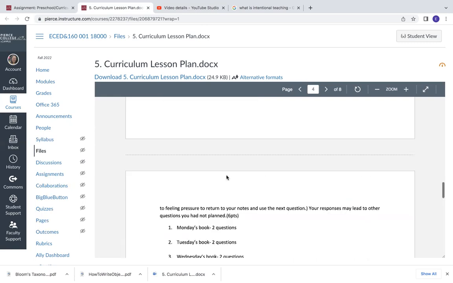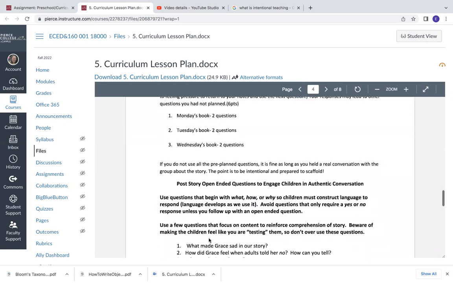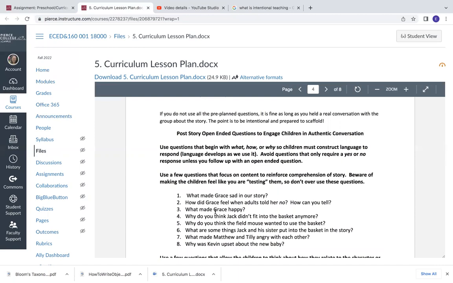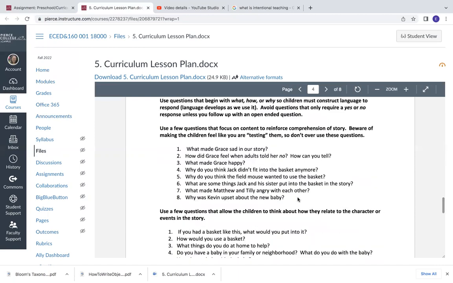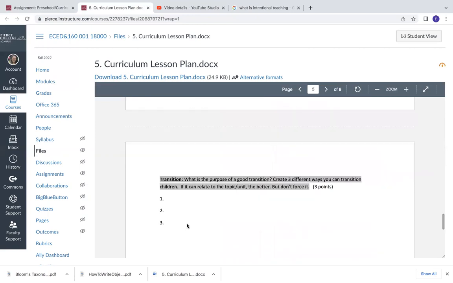And then you're going to plan for 2 questions around each book. This part of the lesson talks about what is a good open-ended question to engage children after reading, and that's important. And then at the bottom here, you're going to develop 3 different ways you can transition students to a different area, right?